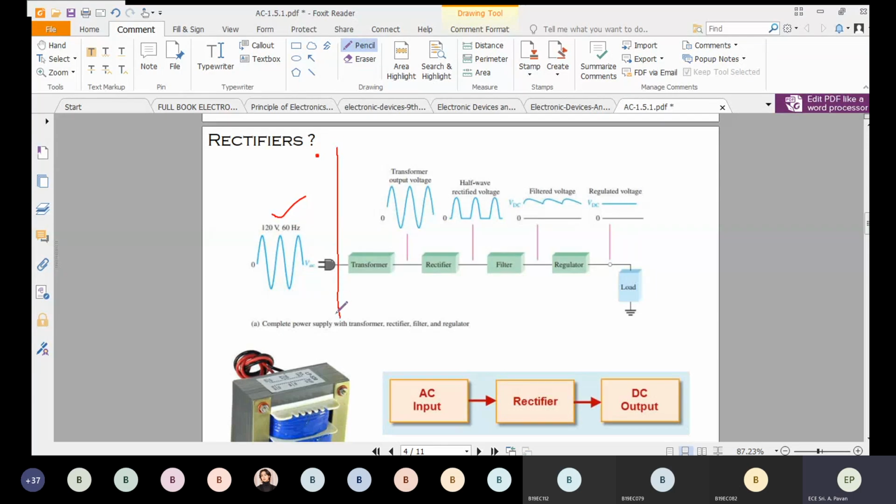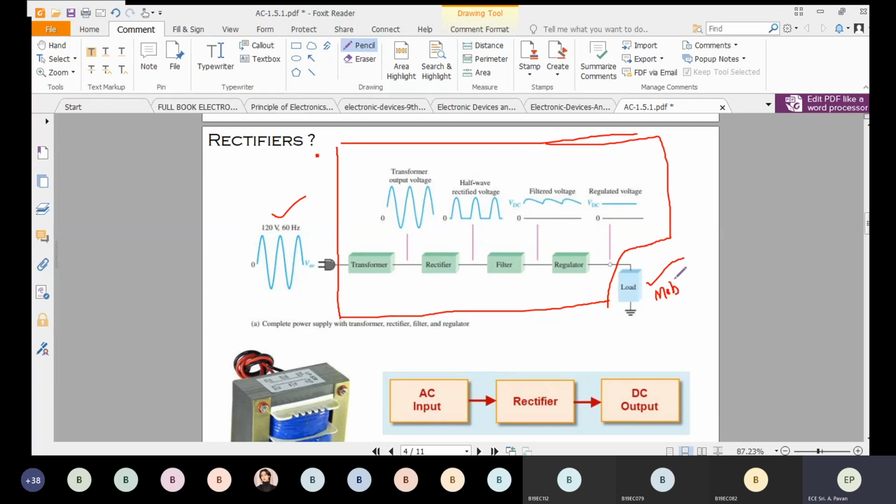We're going to have it in the power supply or SMPS circuit. This is all inside the box. Load means it may be a mobile, it may be an LED. Mobile charging is a good example of using these rectifiers.